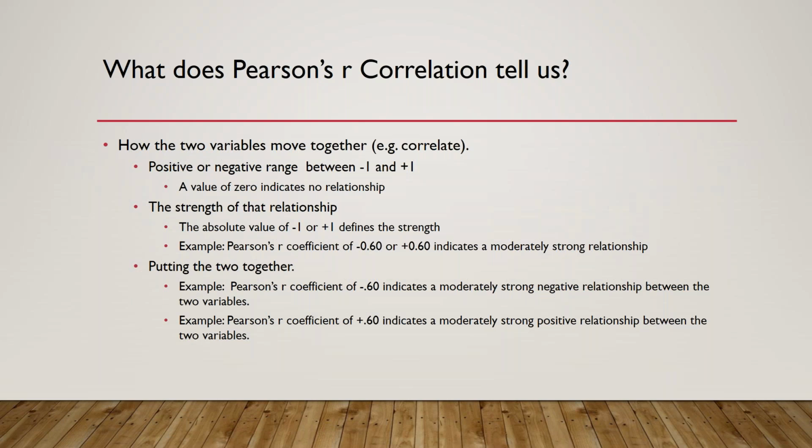For example, if we have a Pearson's r correlation of -0.60 or +0.60, that indicates a moderately strong relationship. If we put the two together, we are seeing that the Pearson's r correlation, or coefficient I should say, of -0.60 indicates a moderately strong negative relationship between the two variables. Similarly, if it's positive, we would say that there is a moderately strong positive relationship between the two variables.